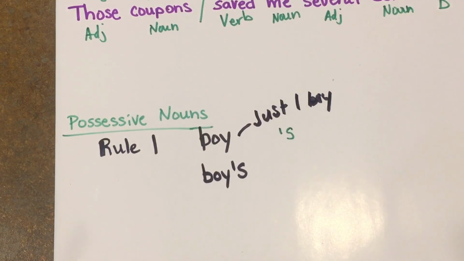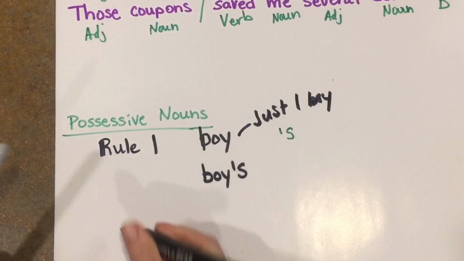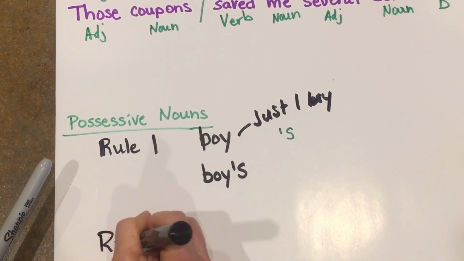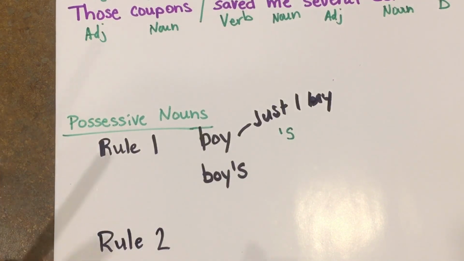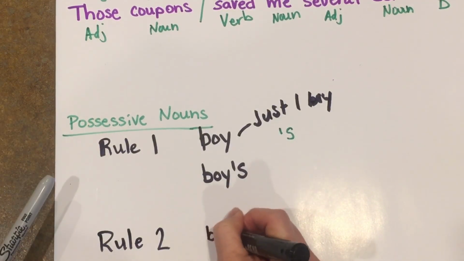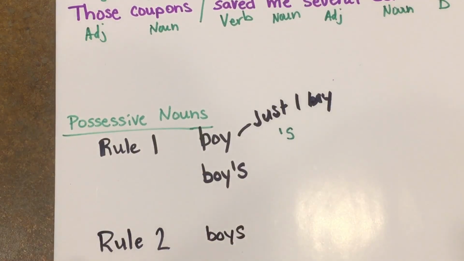All right, so rule number 2. What if there's already more than one boy? What if this is already boys? What if the boys have lots of toys? Maybe they're brothers. The boys' toys.